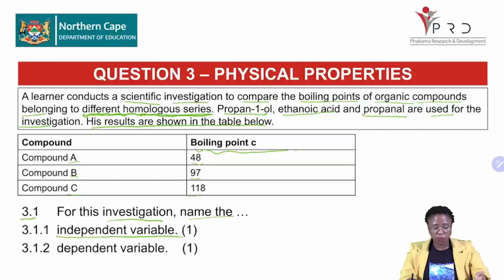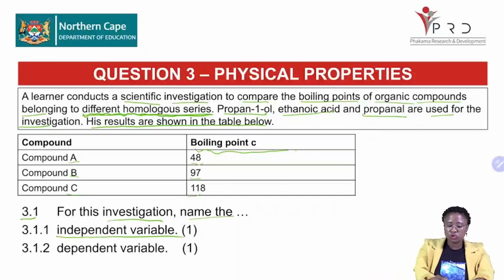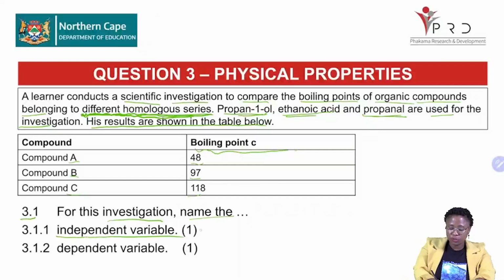This is the type of investigative question the examiner can give you. So the independent variable, what did we say? The independent variable is what changed that has resulted in the boiling point increasing or decreasing. So what is different here is the homologous series. I have propan-1-ol, ethanoic acid, as well as propanol. So that means my independent variable will be homologous series.